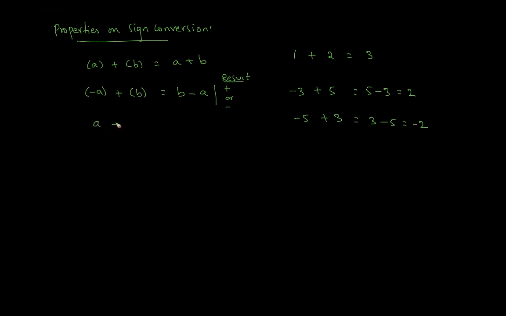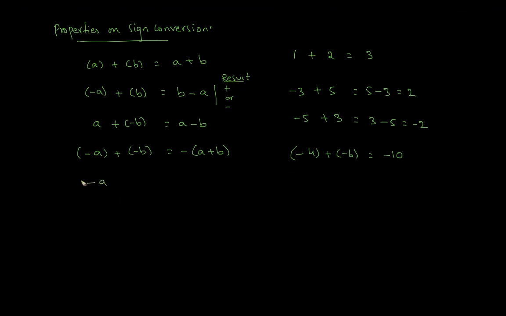Then minus b, you will have a minus b, similarly to the above rule. And if you have both negative, then you will have minus a minus b. If, suppose, minus 4 plus minus 6, you will have minus 10, right? Understood?